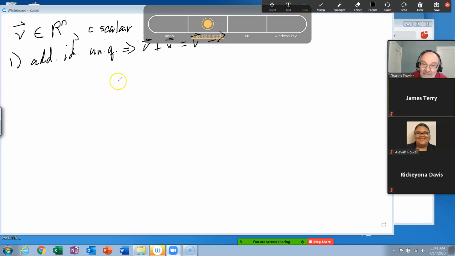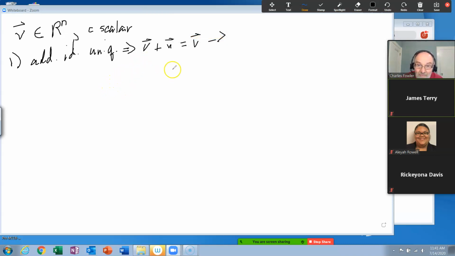I'm trying to let that fade away so I can write. What this implies is that this U right here would have to be, no way around it, the zero vector in Rn. There's one and only one that'll make it work, and it's always the zero vector.